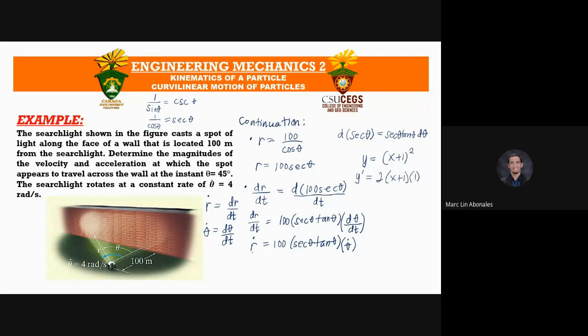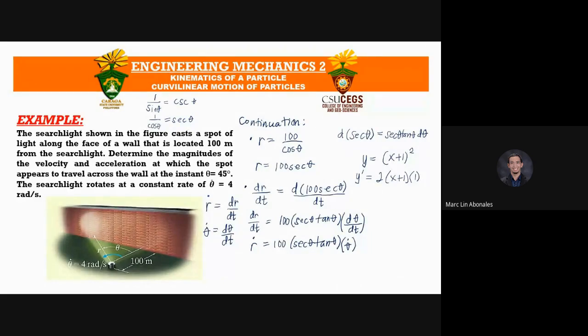mao na itong r dot and r. So we can use that to determine the values of our r and r dot. So ang gamiton nato na values is based on the angle na 45 degrees. So from the angle na 45 degrees, mao na at that instant kung asa i-emit ang light from the searchlight.